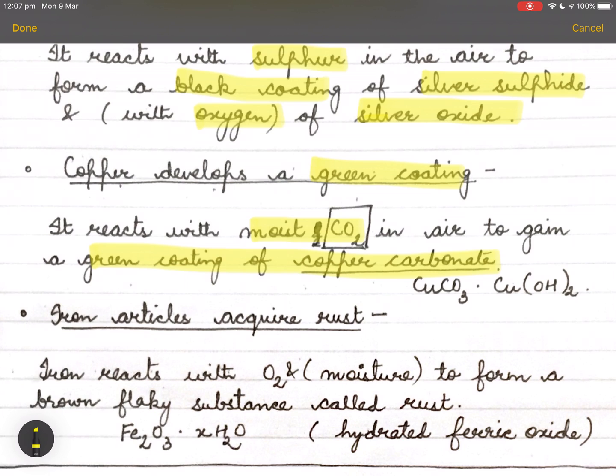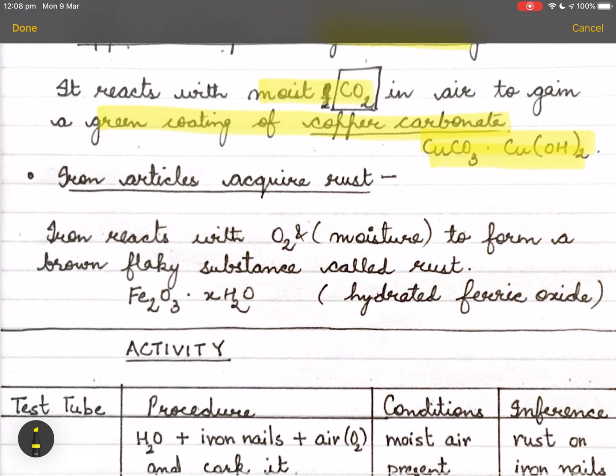So the formula is hydrated copper carbonate. Why do we use the term hydrated? Because moisture is present. So remember this formula, CuCO3.Cu(OH)2. And you already know the crisscross method, which I repeated in the first lecture of mine, the recap of class 9, so you can easily understand why we have used OH whole twice. So that's the reason for copper becoming green. Now let's proceed to iron articles.